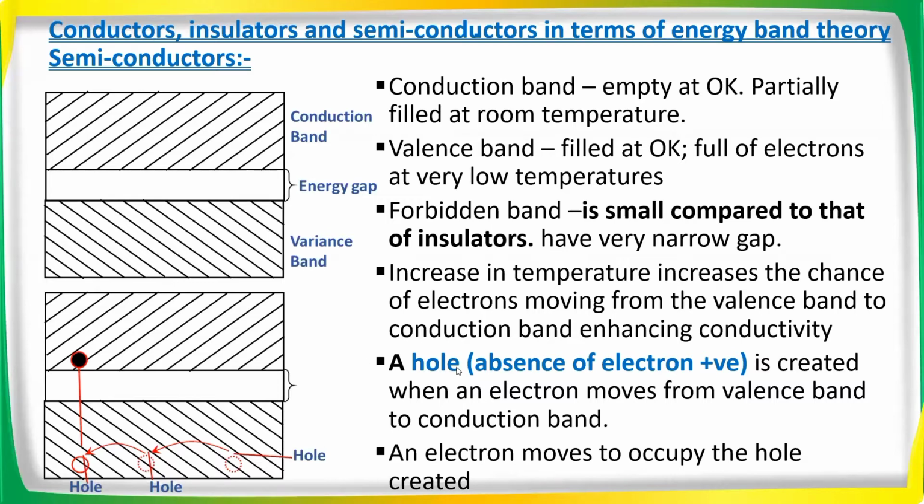I was talking about the absence of an electron being called a hole, and it is considered as a positive. Now, when the electron moves from the valence band to the conduction band, this electron can now be used to conduct a current. At the same time, where we have a hole, another electron within the valence band will move from where it was and occupy that hole, then creates another hole, then another electron moves to that hole.